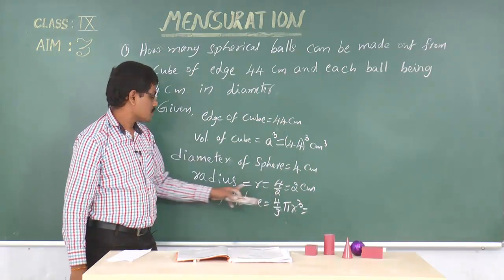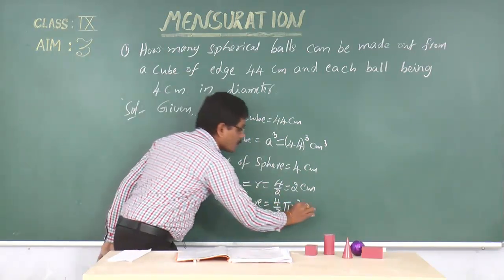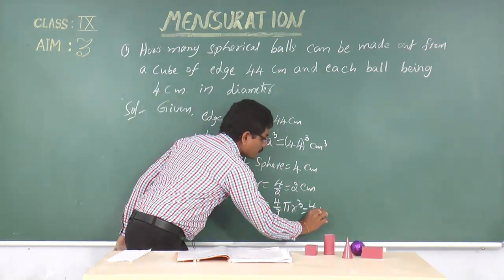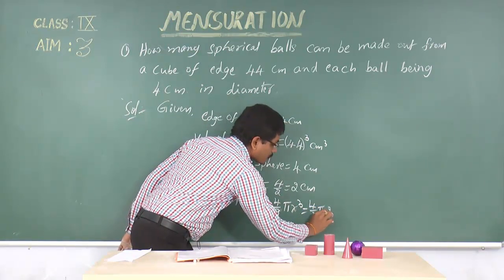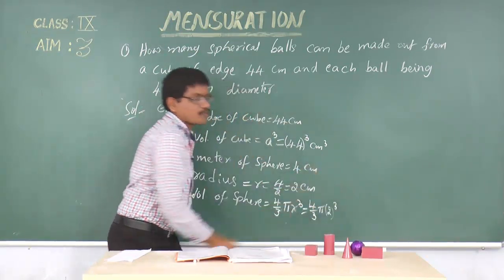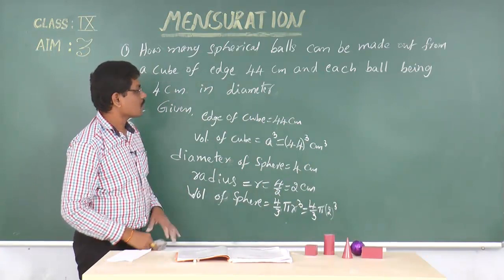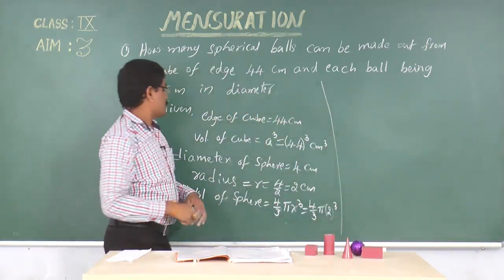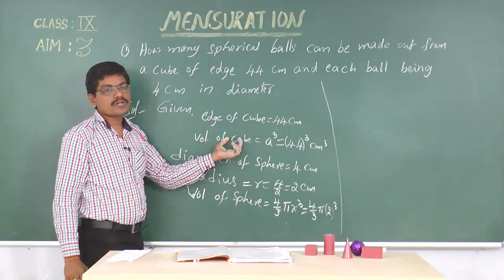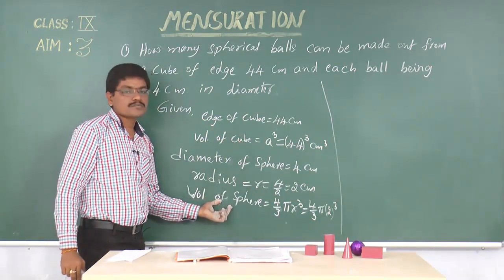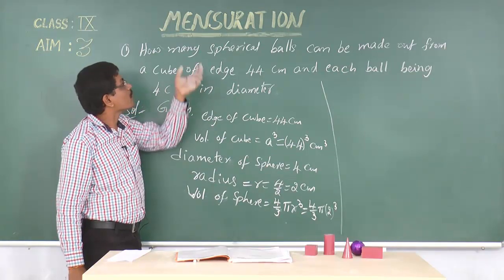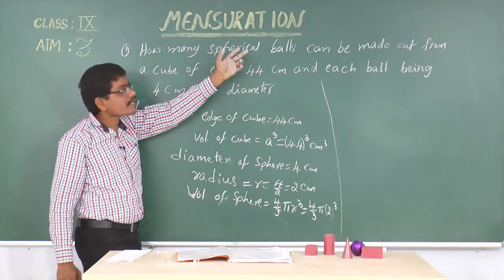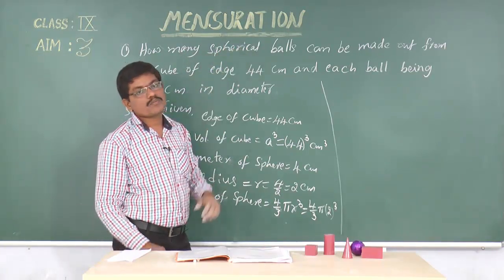So in this, substitute the r value: 4/3 pi 2 cube. So here, by using this cube we are finding all these spheres. So we have to find how many spheres of that type will be possible.